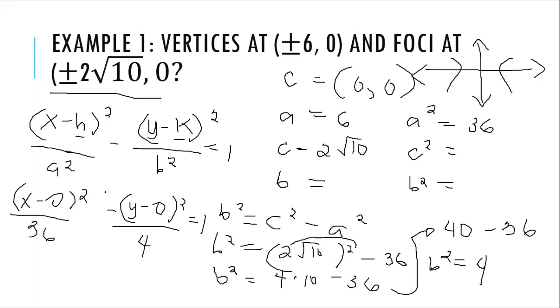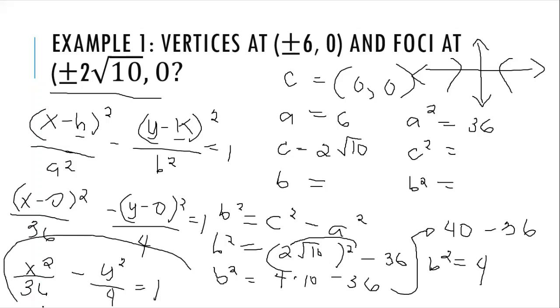X minus 0 quantity squared becomes x squared over 36 minus y minus 0 quantity squared becomes y squared over 4 equals 1. So this is the standard form of the hyperbola in example number 1.